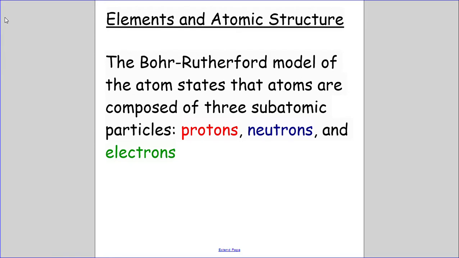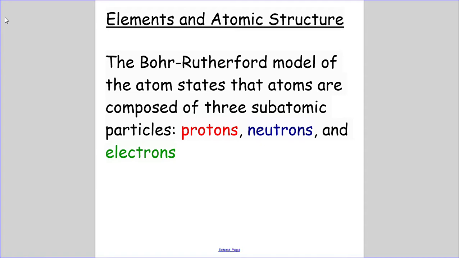We're going to be moving on this time into different particles and seeing how they relate to our periodic table information that we've learned previously. When we go through elements and atomic structure, we're going to see this idea of a Bohr-Rutherford model come up quite a bit.